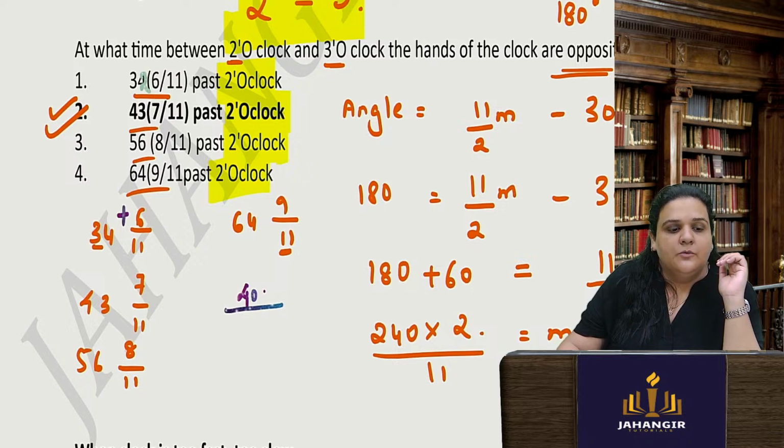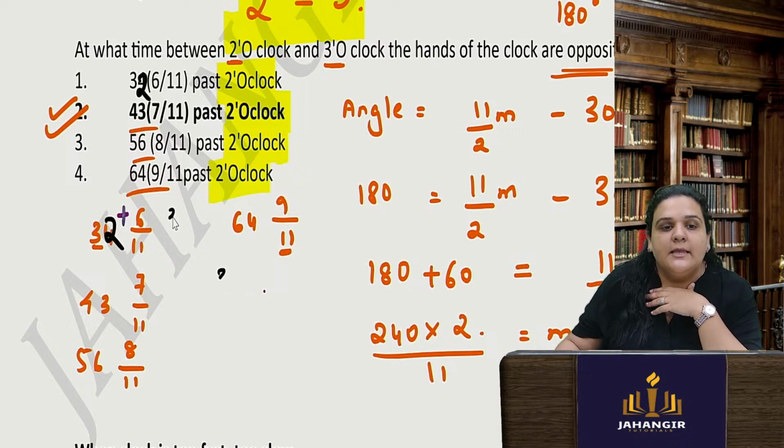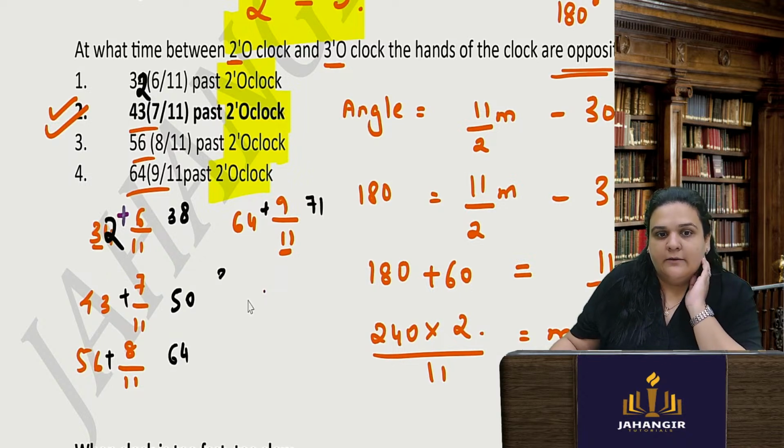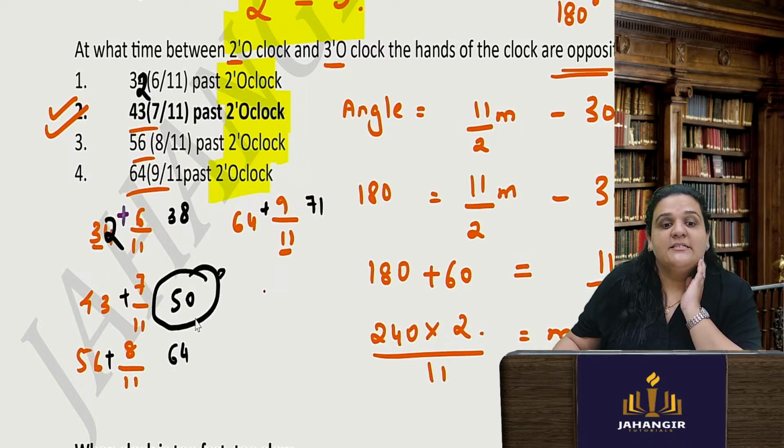The MCQ you need to correct: over here they have given you 32, not 34. It is 32 6 by 11. So this is going to become 38. 43 plus 7 is going to be 50. 56 plus 8 is going to be 64. And 64 plus 9 is going to be 73. So the number which has 0 in its unit place is the right fraction for this type of questions.